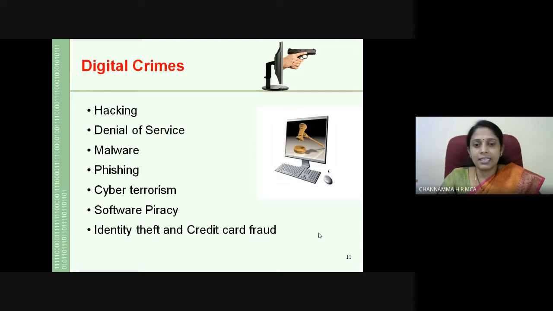And identity theft and credit card fraud, this is one of the main kinds of digital crime we usually come across. So identity theft by using phishing technology, they try to grab the personal information, and then they use it for stealing the money.